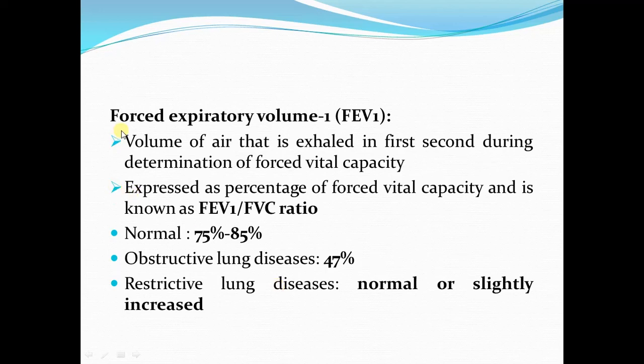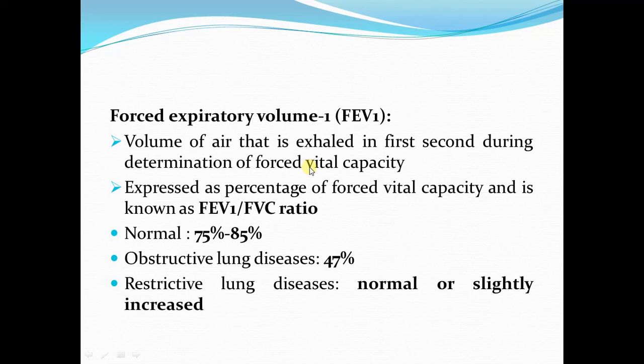Now, next is forced expiratory volume in 1 second. It is FEV1. Now, FEV1 is the volume of air that is exhaled in the first second during measurement of forced vital capacity.